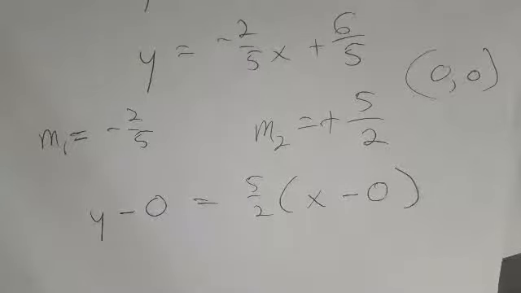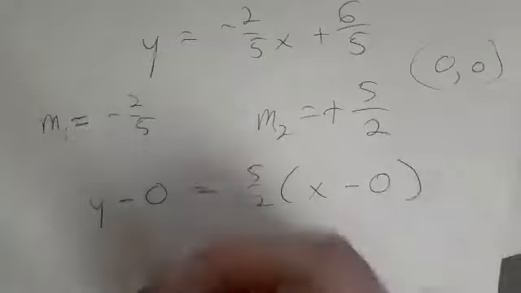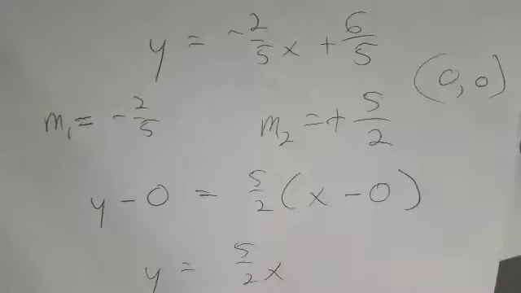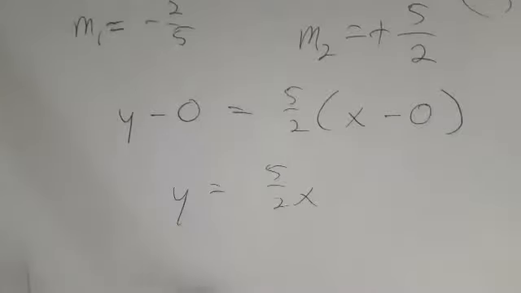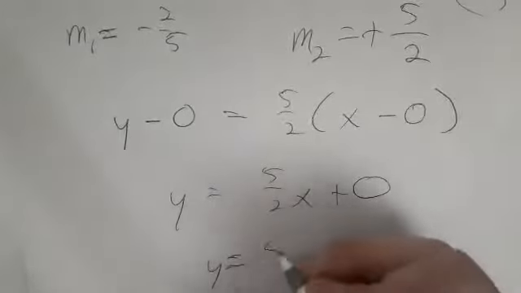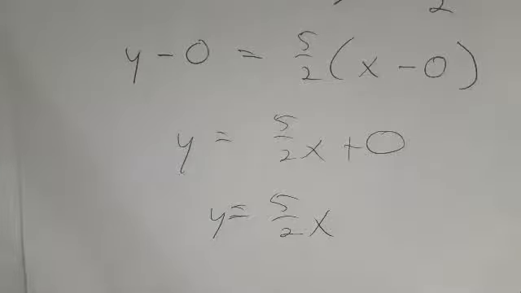I guess I could have gone straight to y equals mx plus b with this one, right? Plus 0, right? You could say plus 0 if you want, but you don't really need the plus 0 there. You could just write y equals 5 halves x. That's the last thing. There we go.